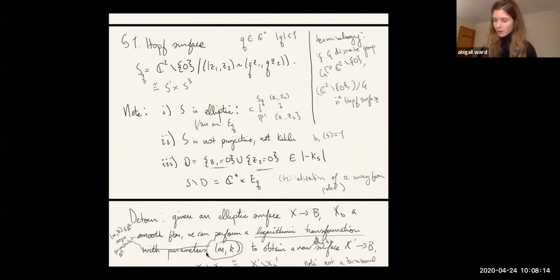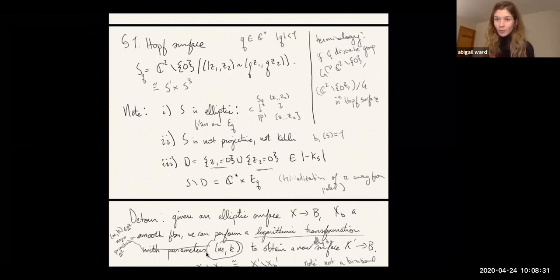What I want to say is, if you take the product of two circles in the C star, fixed norm 1, fixed norm 1, that gives you a torus. You want to think of that as an SYZ torus.